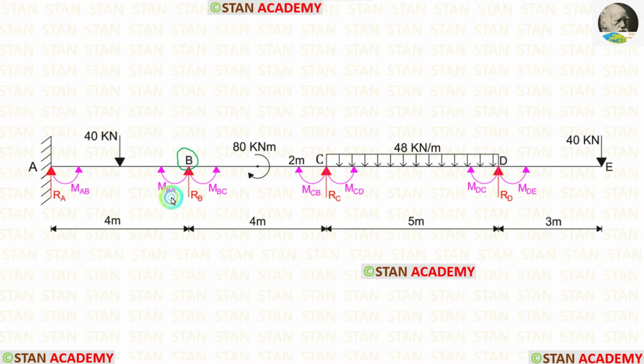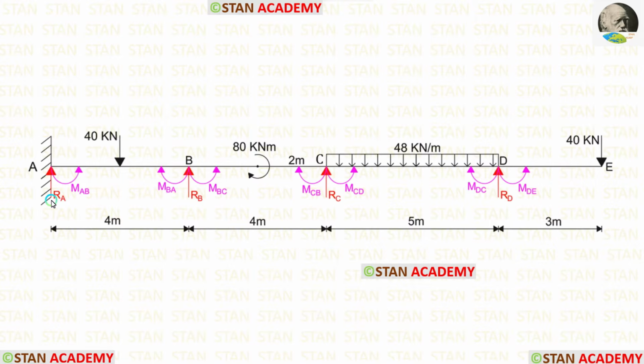In the joint B, there are 2 moments, MBA and MBC. In the joint C, there are 2 moments, MCB and MCD. And in the joint D also, there are 2 moments, MDC and MDE. So totally we have to find 7 moments.